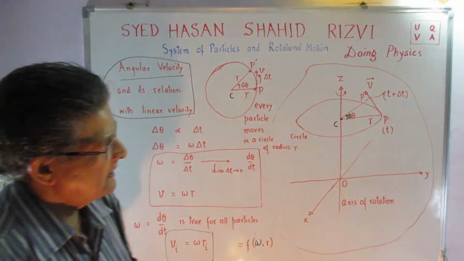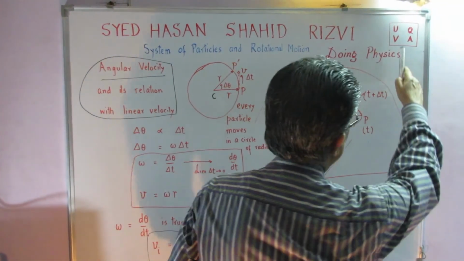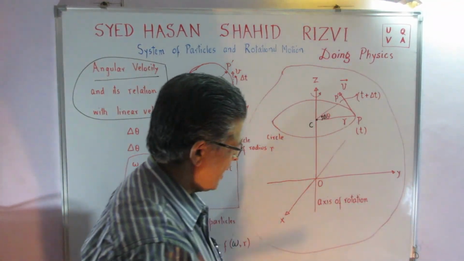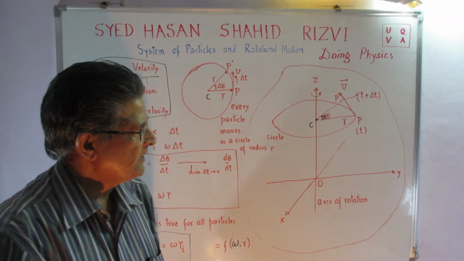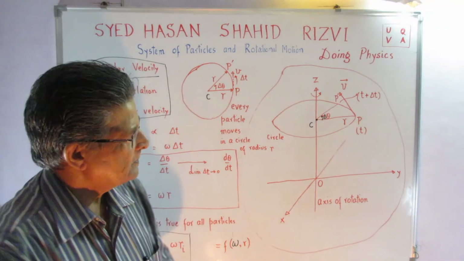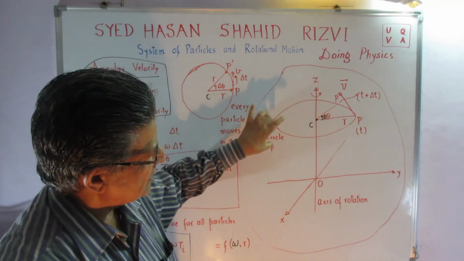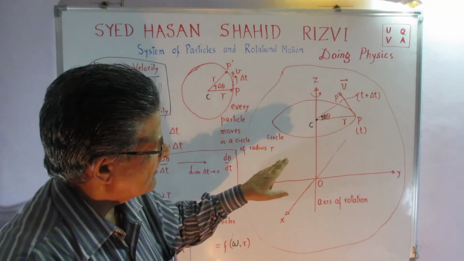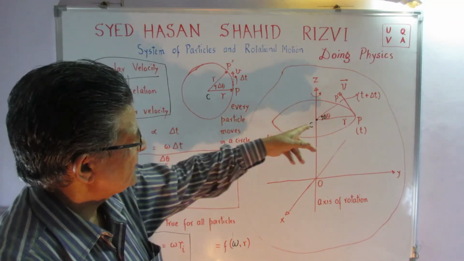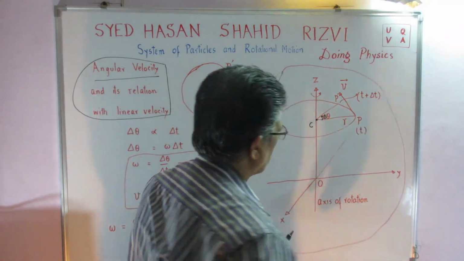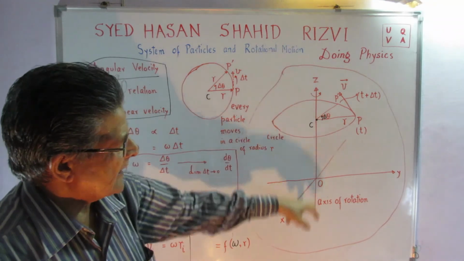Again, I emphasize that you ask questions and we will answer in the comment section if you have any difficulty understanding anything. You must draw this diagram properly. It is not a circle in space, but it is in the plane perpendicular to the z-axis.